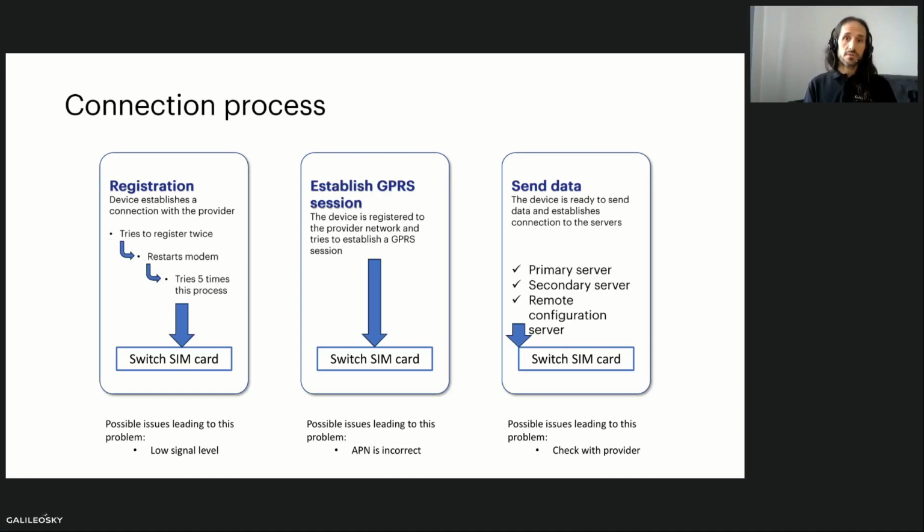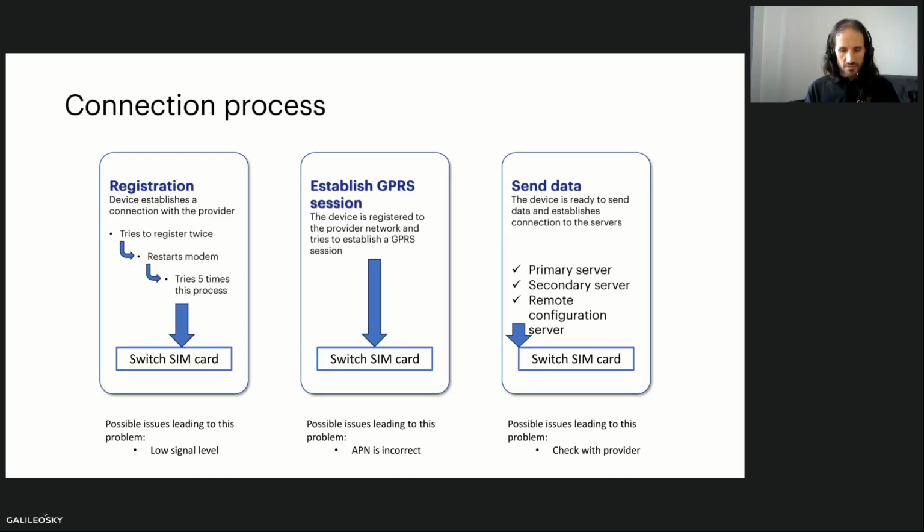The primary server, if you already set one. The secondary server, also if you set one, or maybe you didn't. Most of our clients use just one server, but some of them also use a secondary one. And also the remote configuration server.